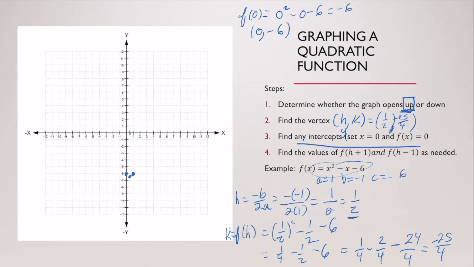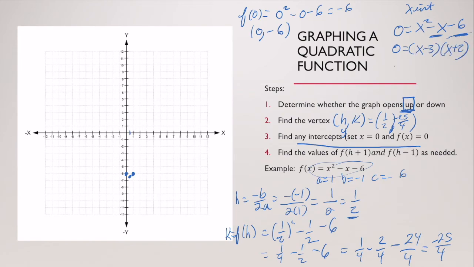But we could also find our x-intercepts. To find our x-intercepts, you let y equal 0. So I have 0 is x squared minus x minus 6. And what do we do? We factor. We know how to factor this. What are the factors of AC that add up to B? Well, the factors of negative 6 that add up to negative 1 are negative 3 and 2. So I have x minus 3, x plus 2.